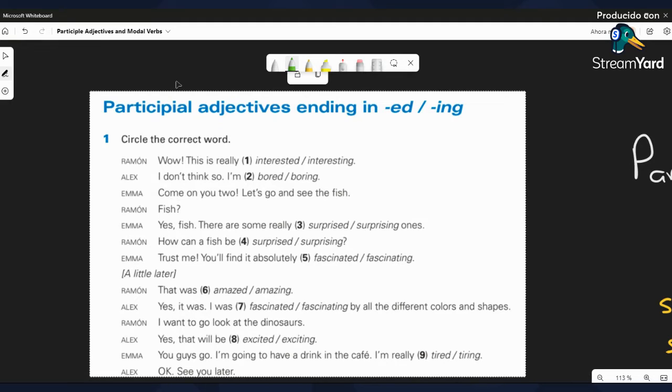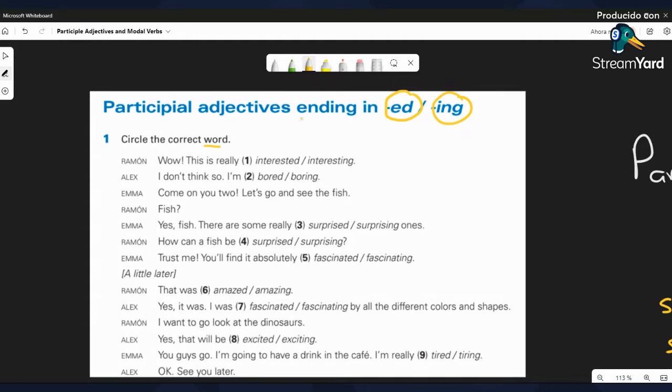I already locked it, so we don't have to move it. We have a conversation between some people. We have to identify if we want to add ed or ing. So we have to circle the correct word.